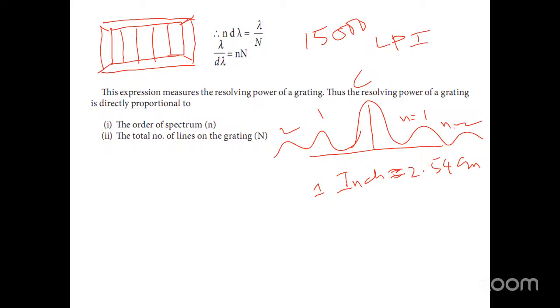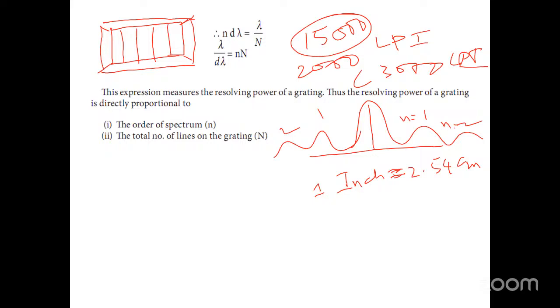So here 15,000 lines, and others like 2,000 or 3,000 LPI are also there. These are grating units.